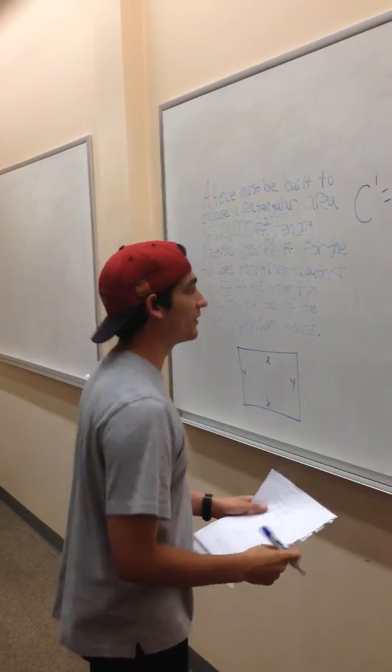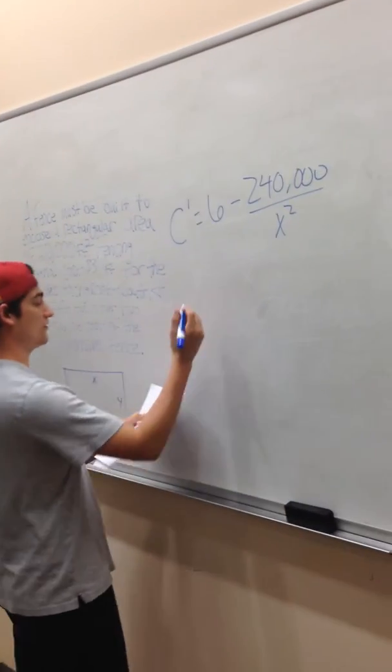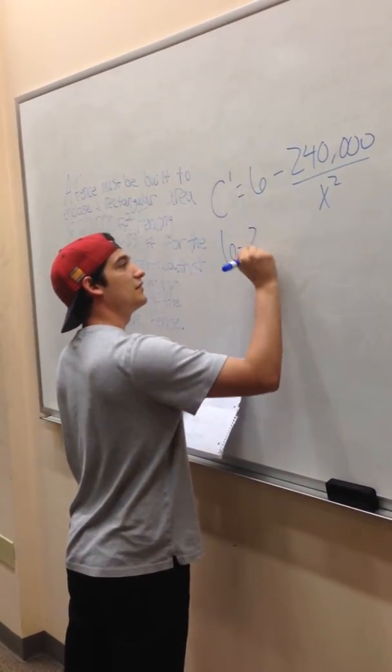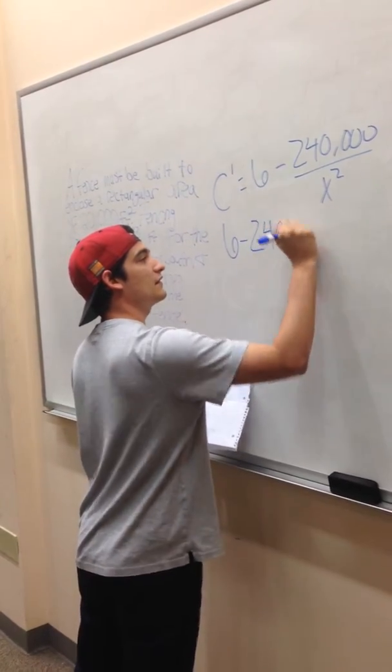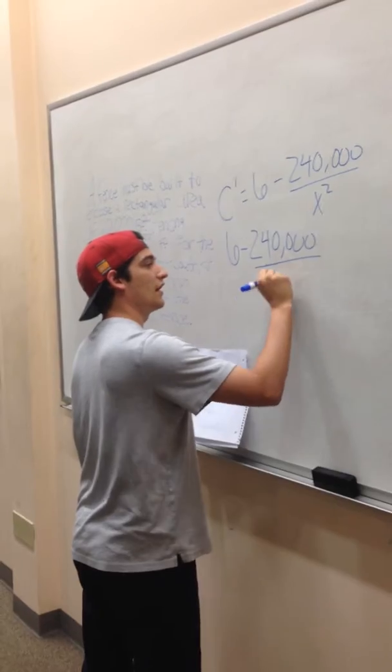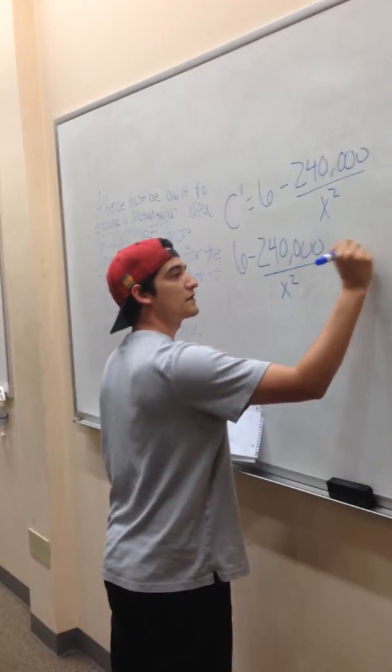And now we need to solve for x. So 6 minus 240,000 over x squared equals 0.